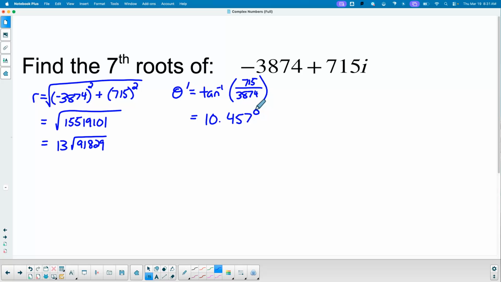So then we're in negative, positive. That's quadrant 2. So that's 180 minus.